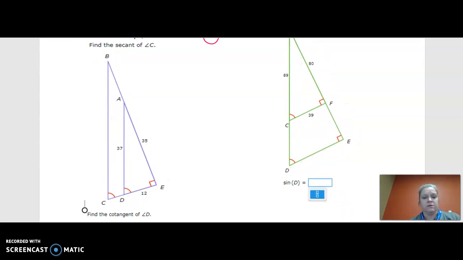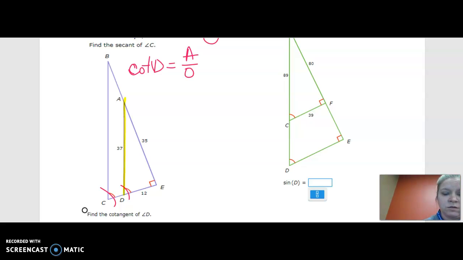Okay, so now we're looking for cotangent D. Cotangent D is the same thing as cotangent, well, it really doesn't matter because we have everything for cotangent. Cotangent is adjacent over opposite.